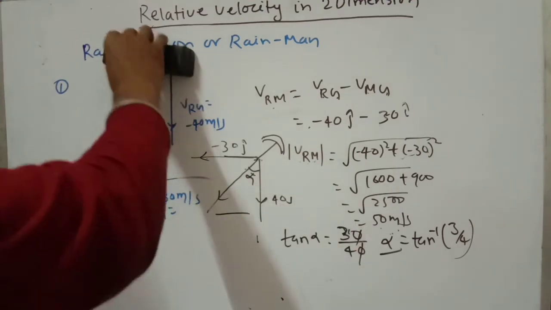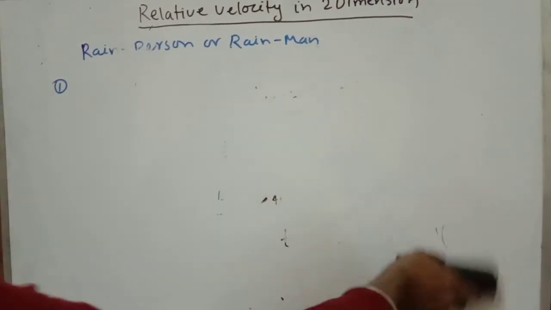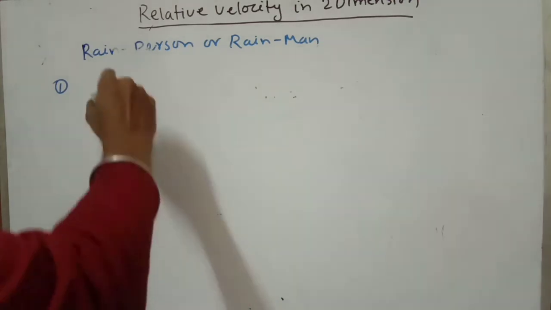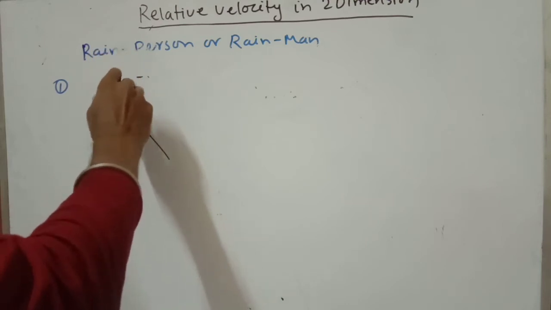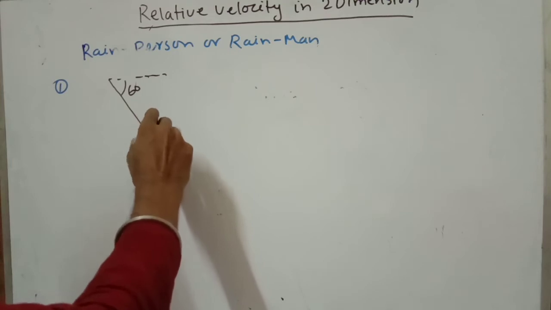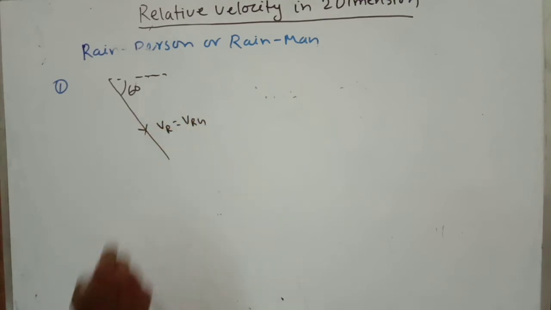So the next question, on the basis of rain and man. Let me consider rain making an angle of 60 degrees with the horizontal. This is the given velocity of rain with respect to ground.